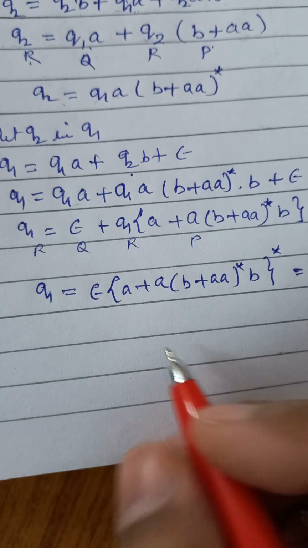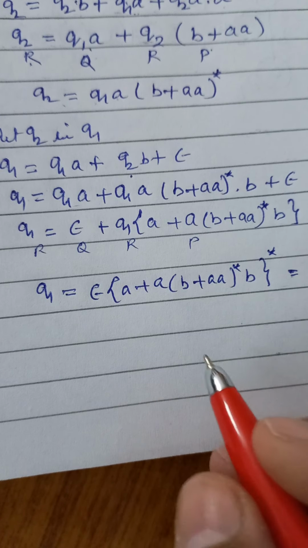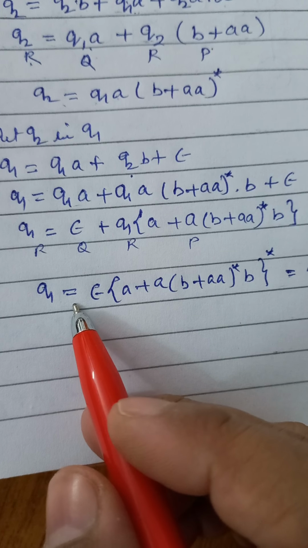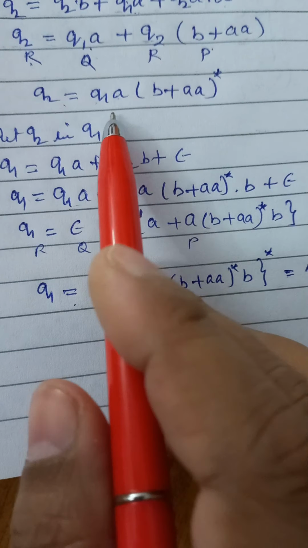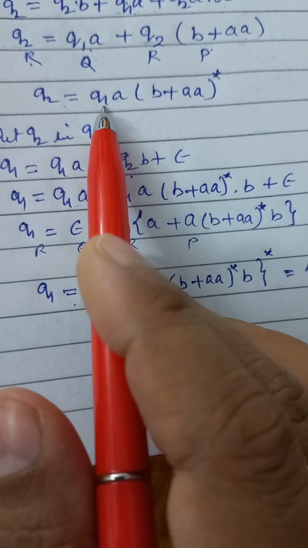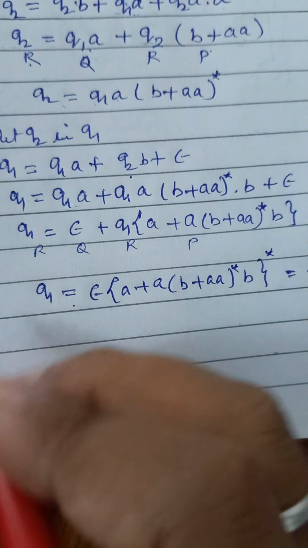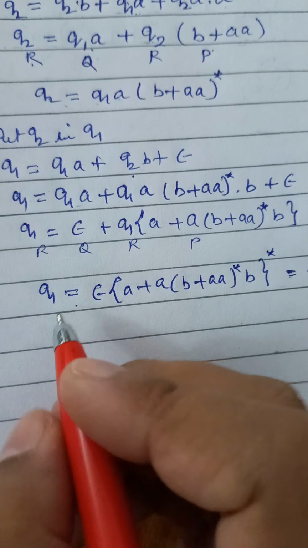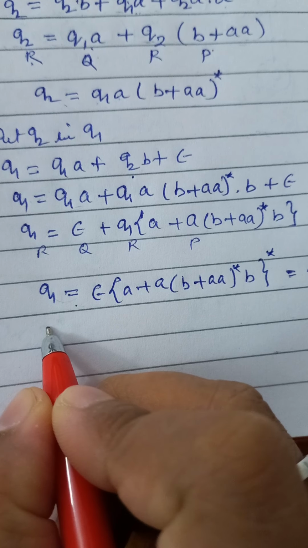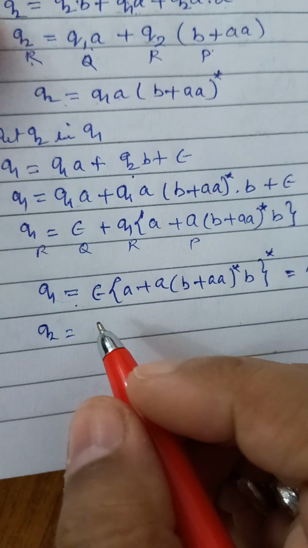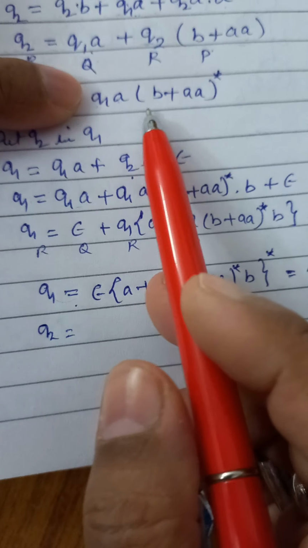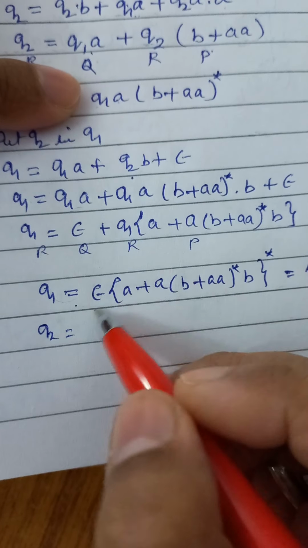So we can put q1 into q2. Now we have the q1 value, so for getting the q2 value, we put the q1 value into q2. Directly we write the q1 value from here.